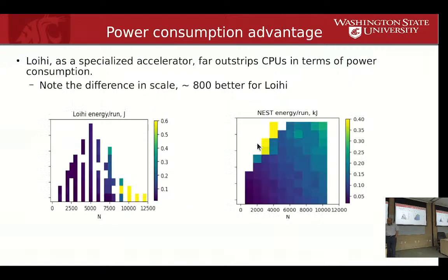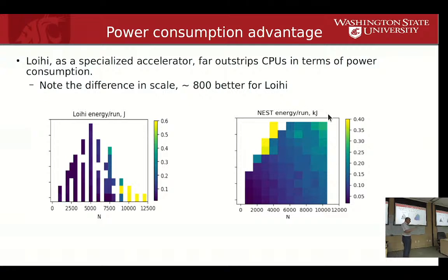What's probably more interesting to everybody was the power consumption of those chips. So again, you have more complicated networks, they draw more power because they use more of the electronics on the chip, in both cases, in the Luigi and on the Nest. What I want to highlight is, note that here we're measuring the power in joules, and here we're measuring the power in kilojoules.